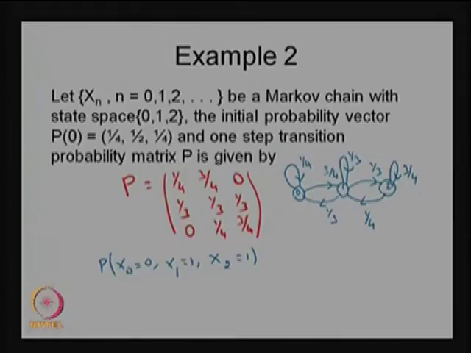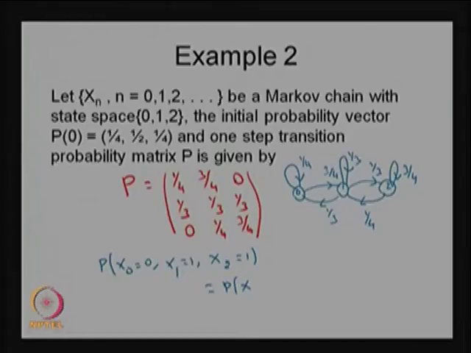So, the joint distribution you can write as the product of the conditional distributions, and the conditional distribution again you can write using the Markov property, the conditional probability of only one step. By using the probability theory, the joint distribution is the same as the product of conditional distributions.